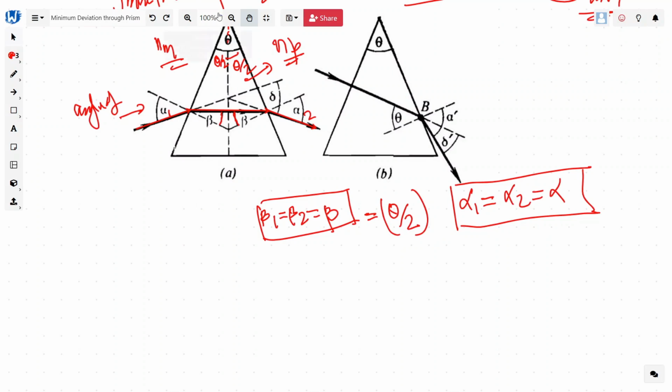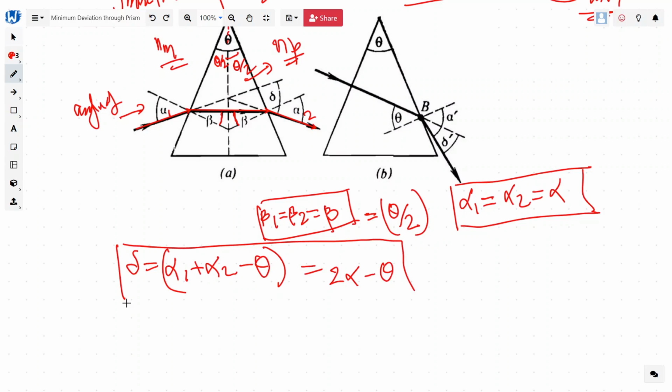And the deviation, as we wrote earlier, was a very simple equation: the deviation is nothing but alpha 1 plus alpha 2 minus theta, right? Now we know that alpha 1 and alpha 2 are equal to alpha. In the symmetrical case, it is 2 alpha minus theta, and that's what we'll remember and plug back in when we need it, right? So now let's write Snell's law here.